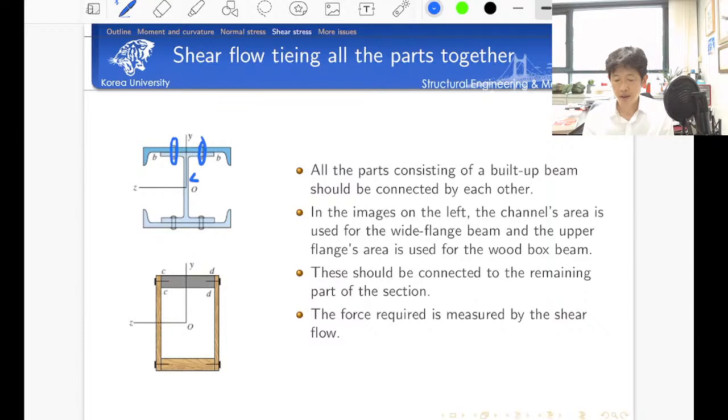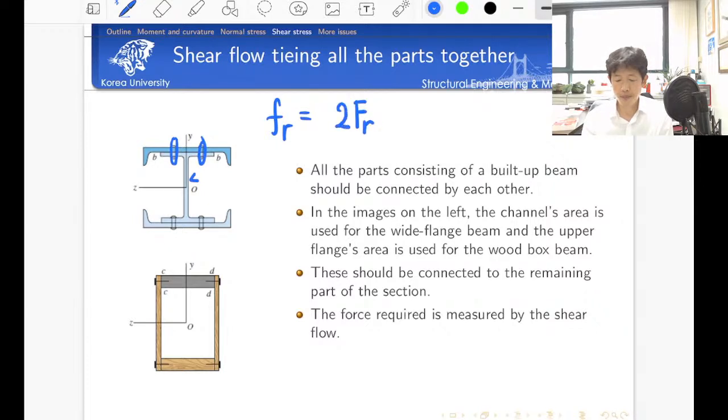Then how do you calculate the shear flow provided by the rivet? There probably exists the shear strength of a rivet, the force of the rivet.